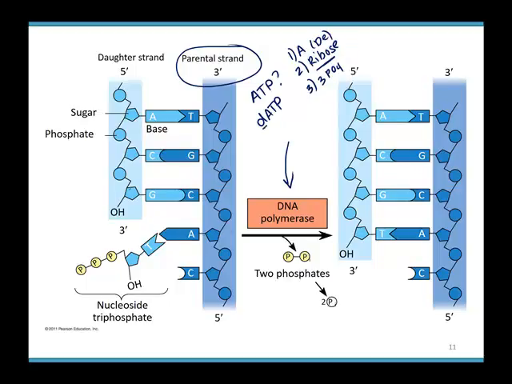And so that's what the D right here stands for, deoxyribose. So a dATP can be hydrolyzed into dADP, and that can be further hydrolyzed into dAMP, just like regular ATP can be hydrolyzed into ADP and AMP.